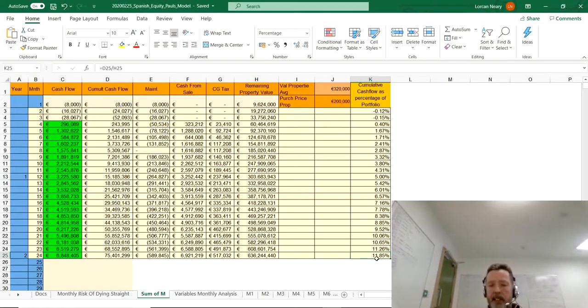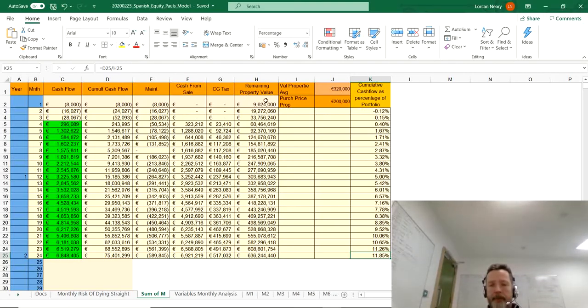Now out to year 2, you can see between there and there, rounding it off, about a 7% increase in the cumulative value. As cash flow as a percentage of cumulative value, which is really quite amazing.